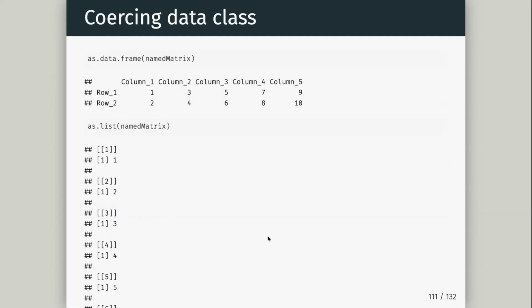Probably the most useful ones are as.matrix and as.data.frame. I can do as.data.frame on my matrix, and it turns that into a data frame class. It will contain the same information, but programs say I need a data frame or I need a matrix. I'm not sure this is the best thing, but if I do as.list, it just breaks up our matrix and puts every element in its own slot.